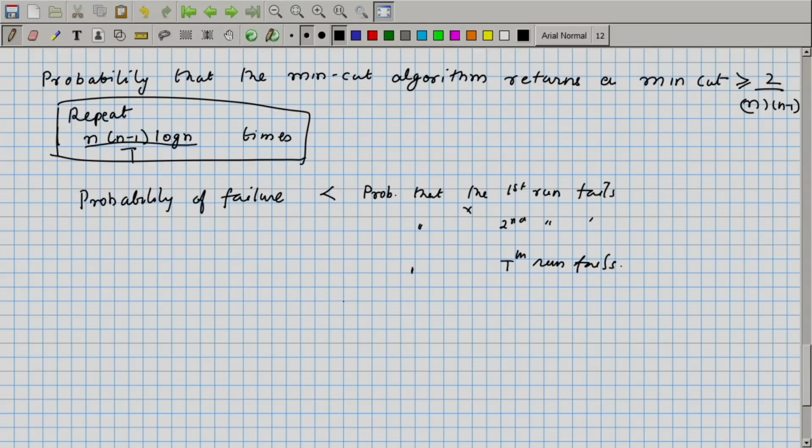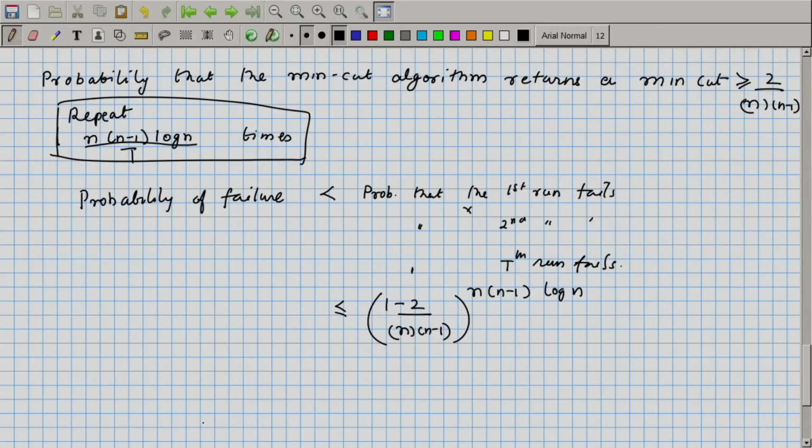This is less than or equal to 1 minus the success probability, 2 divided by n into n minus 1, the whole raised to n into n minus 1 times log n.